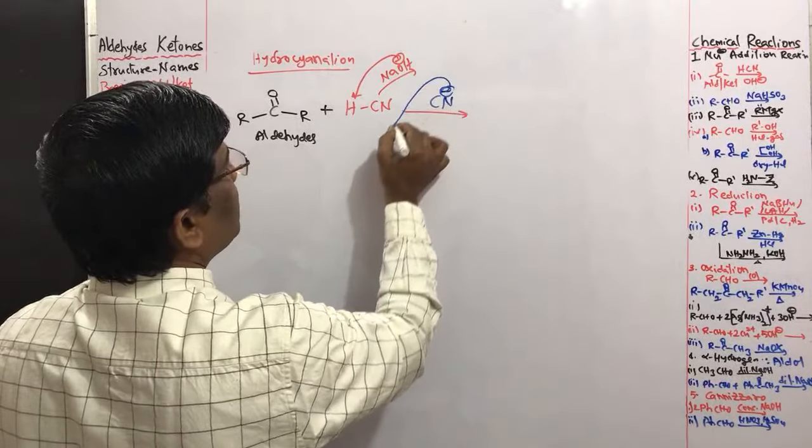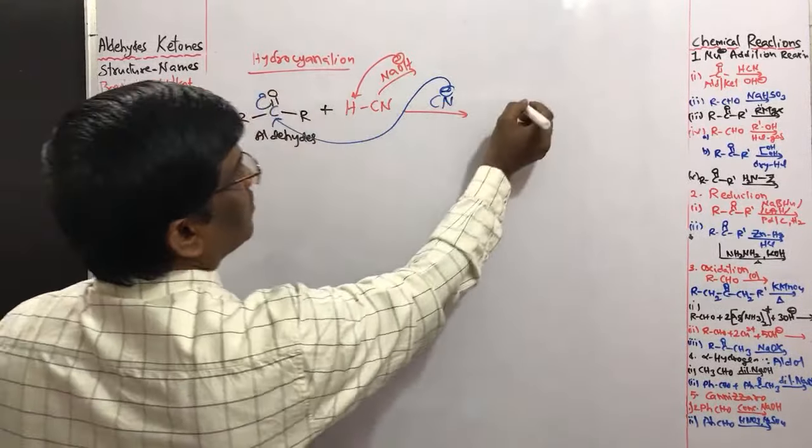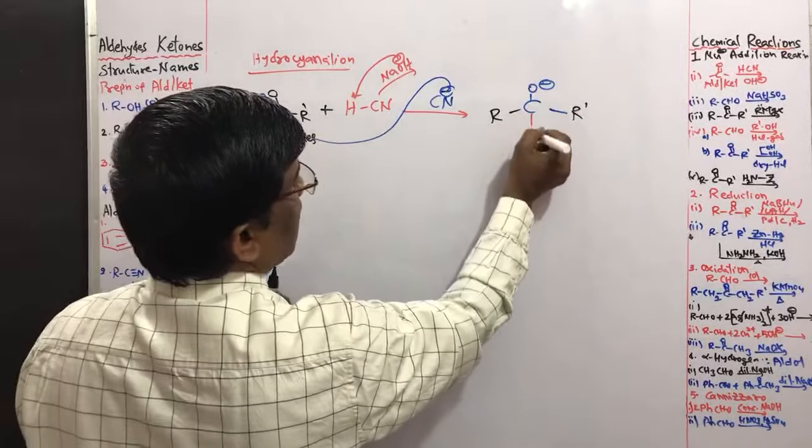So what is the step now? Nucleophilic addition takes place. So this is R and R. You can write R prime if you want, and cyanide is added.